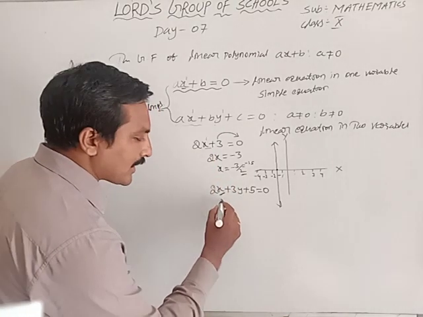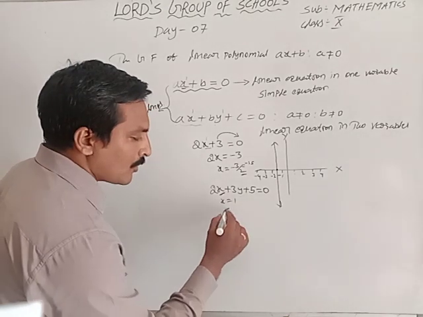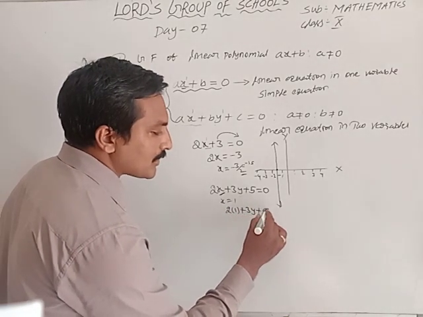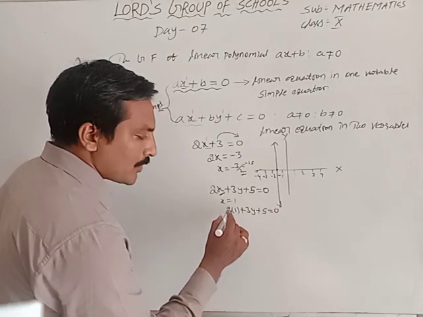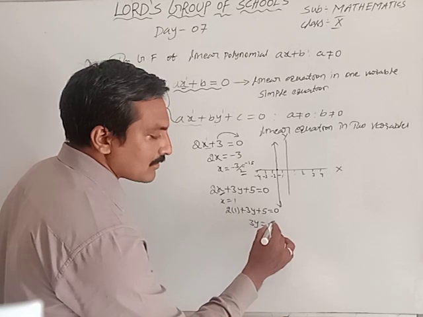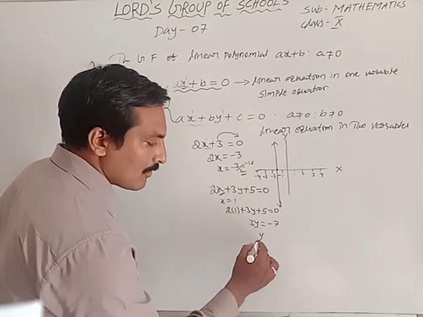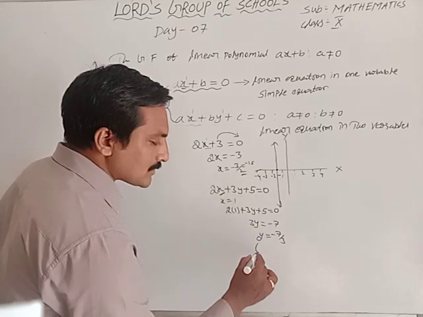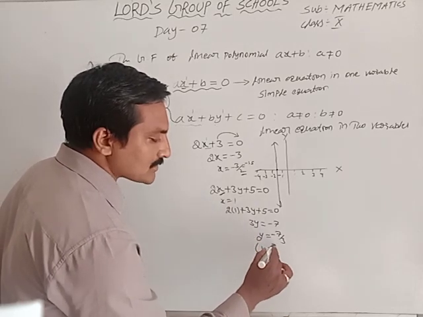For example, take x is equal to 1. 2 into 1 plus 3y plus 5 is equal to 0. 2 plus 5 is 7, so 3y is equal to minus 7, and y is equal to minus 7 by 3. So when x is 1, y is minus 7 by 3.